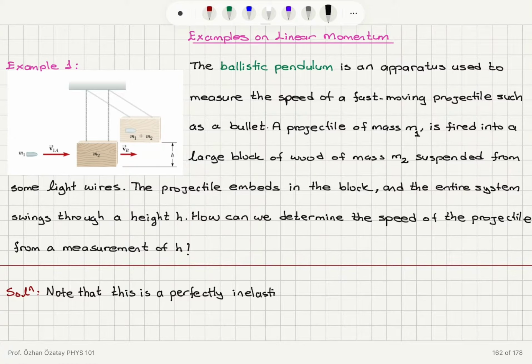Perfectly inelastic collisions are ones where we have two objects that are colliding, sticking together. And in this case, we have no kinetic energy conservation for the collision process because we have non-conservative internal forces in action, which is friction.